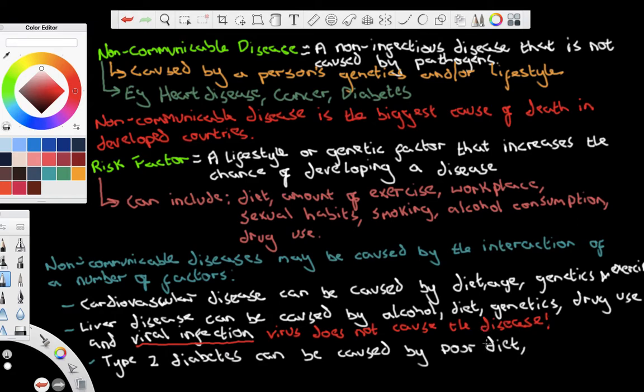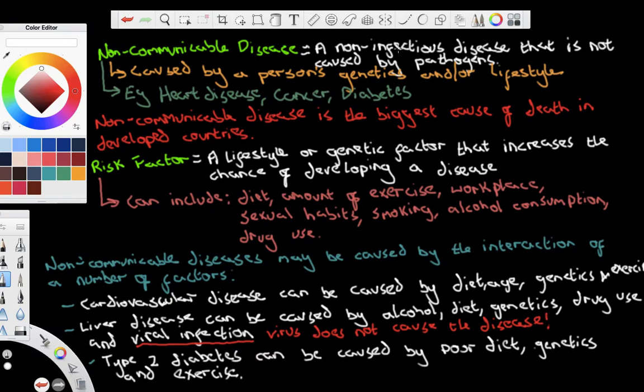We can say genetics, and exercise. Okay, these are all things that can cause type 2 diabetes.